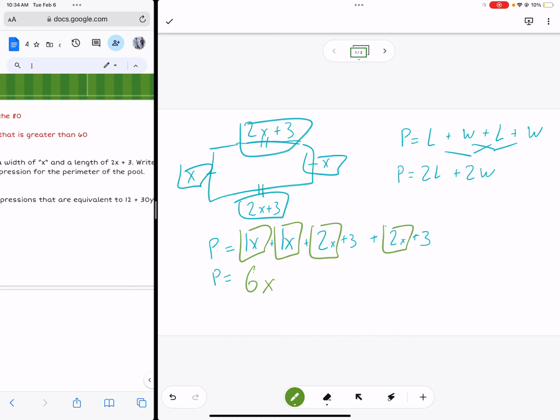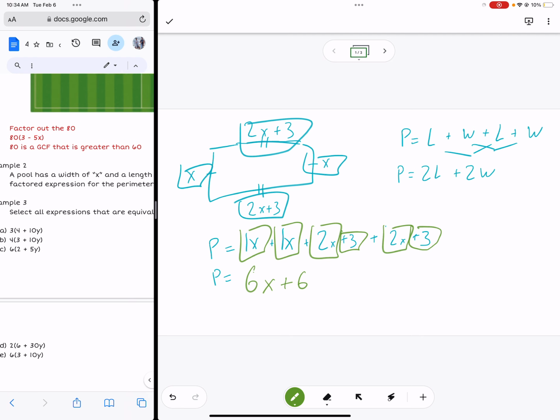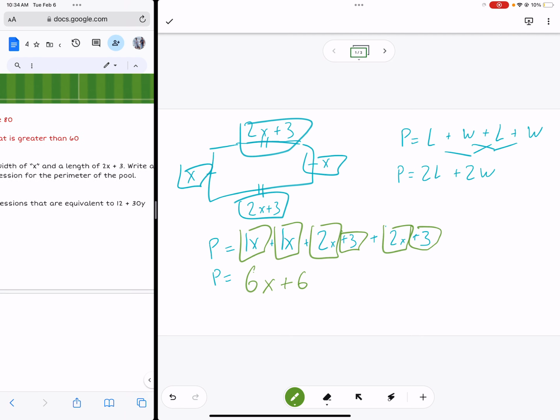And then we can't forget our other terms. When we combine those threes, what do we get? Plus 6. All right. So according to our problem, it says, write a factored expression for the perimeter. Do we have an expression? Yes. Is it factored? No. So how would I factor this?